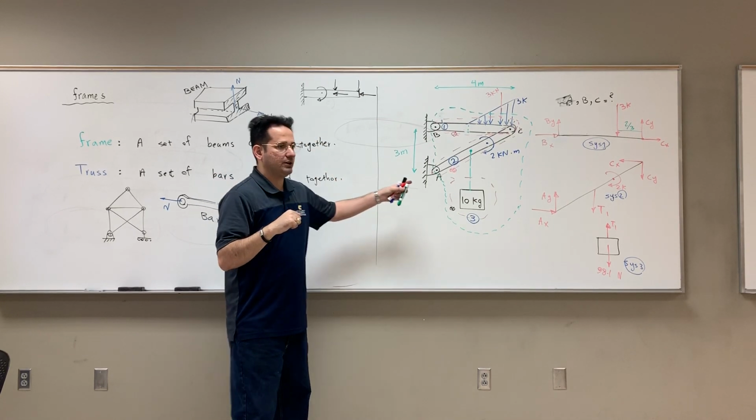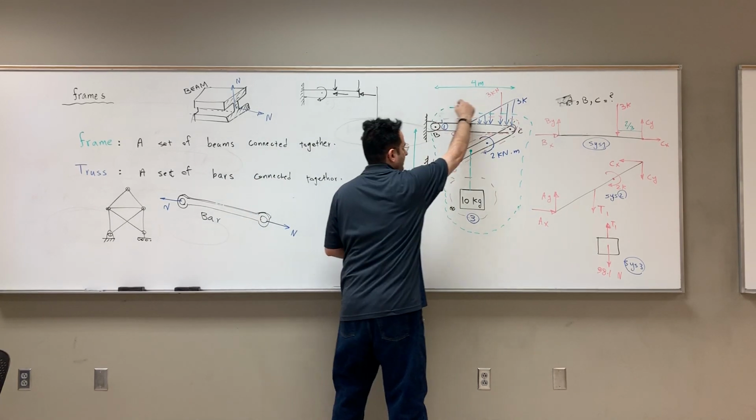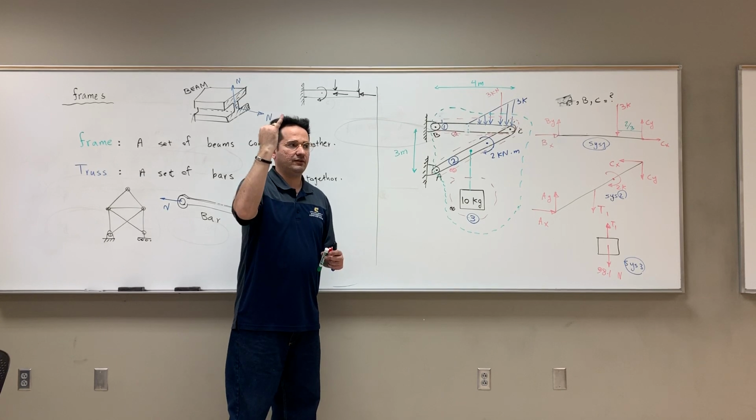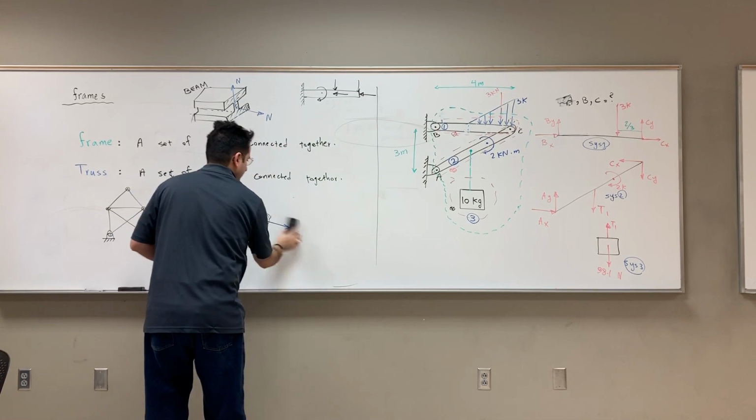So again, I'm working in 5 steps, but look, I start over and choose everything as my system. The next step is the free body diagram. So I want to draw a free body diagram.